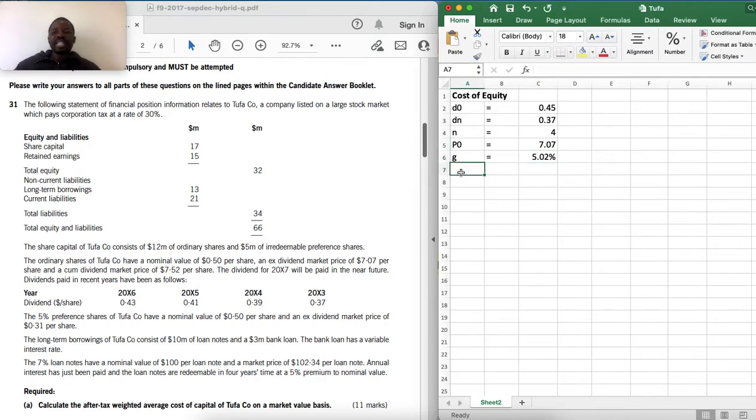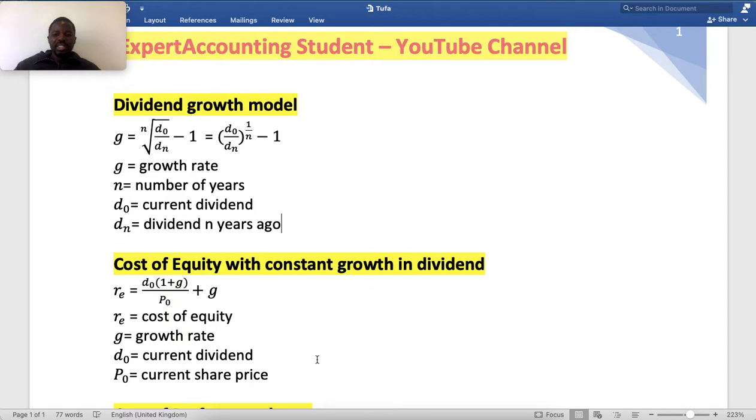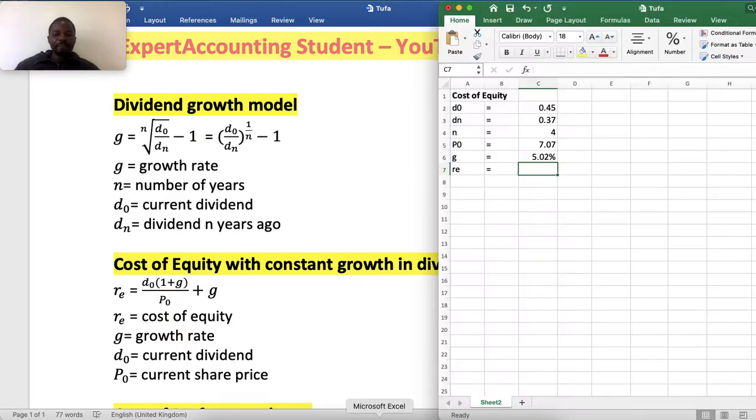Now let's calculate our cost of equity, which is RE. We'll use this formula. I'll show you the formula here so that we go through it together.